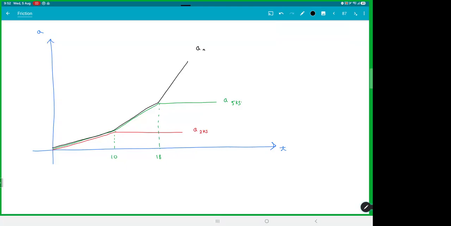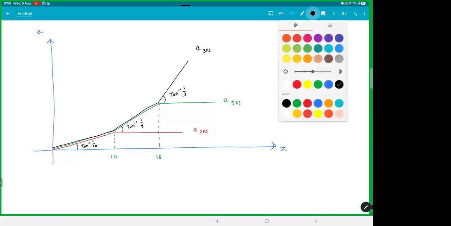This is the 3 kg. You can get the slopes. All clear with the process? This will be tan inverse 1 by 3. In the previous problem, that was tan inverse 1 by 5. Check. That's how you do it. Any doubts on this? That's your 2-block and 3-block problems.